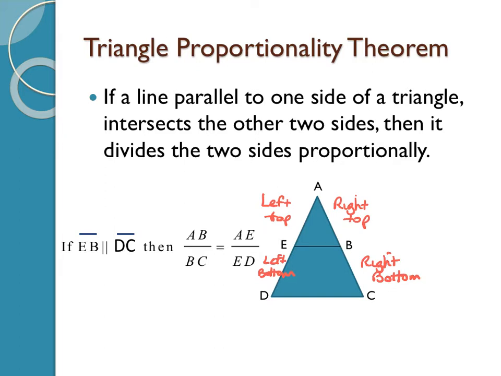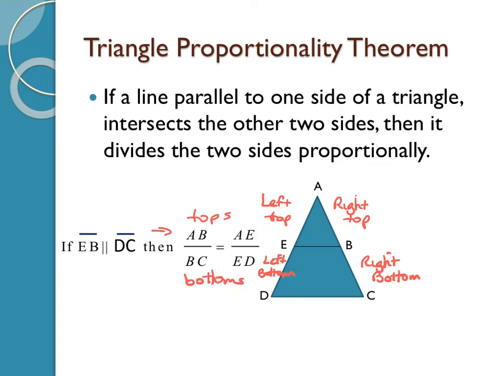The way that they have set up their proportion is they've done the right top over the right bottom, and then set that equal to the left top over the left bottom. Notice the tops of their fraction come from the tops of the triangles, and these are both the bottoms.